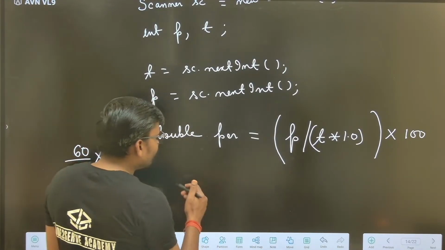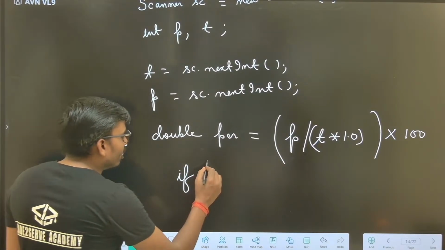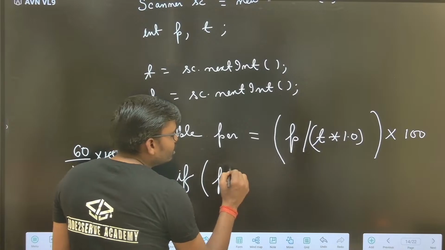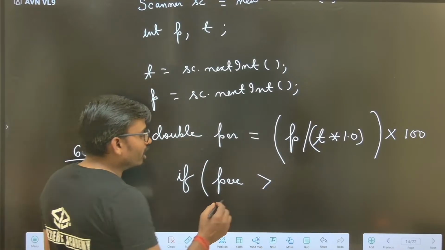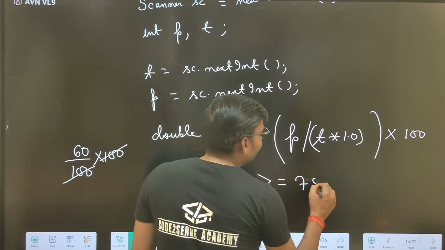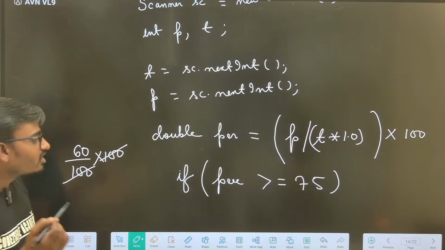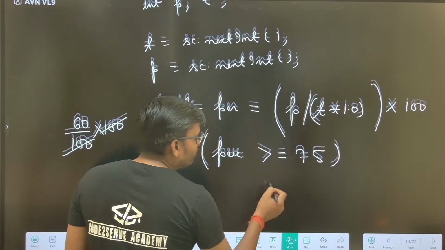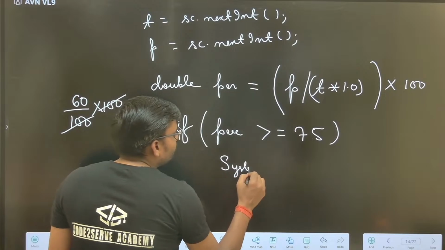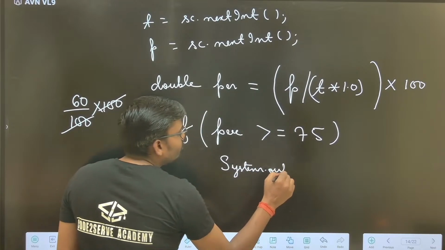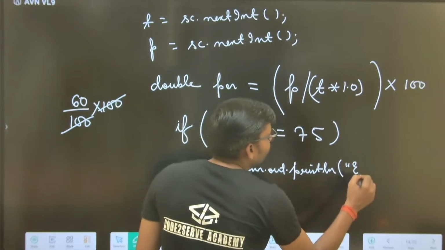So here we will check if the percentage that we got is greater than or equal to 75. If it is greater than or equal to 75, then only he or she is eligible. So you will write over here System.out.println eligible.